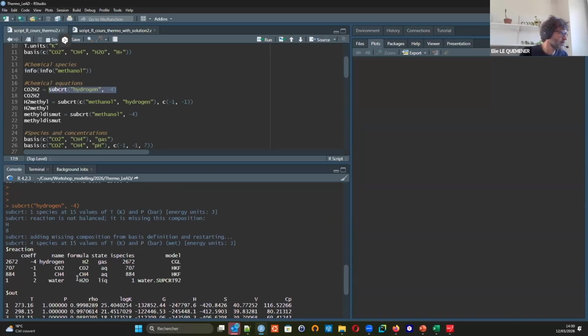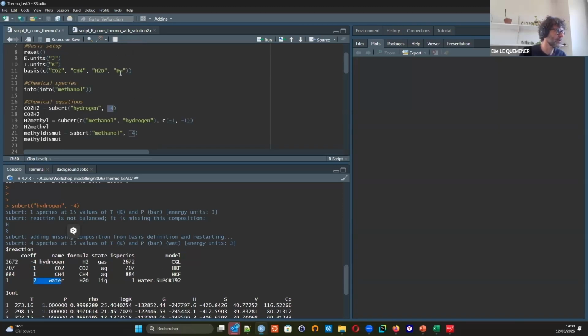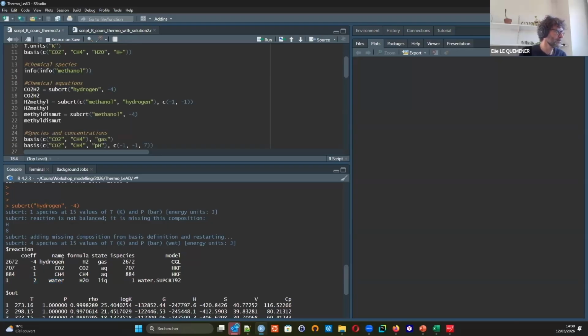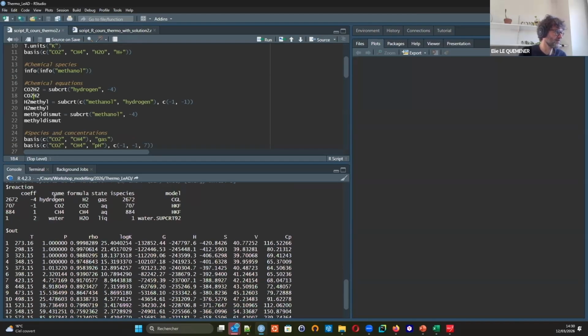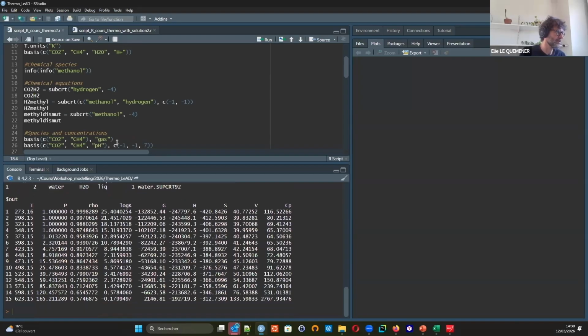And if I just launch sub-CRT of hydrogen -4, I am telling the system that I want a reaction which consumes 4 moles of hydrogen, and I want it to write a chemical reaction with my default molecules, and you see what it does. -4 hydrogen and -1 CO2 gives 1 CH4 and 2 water. So it's equilibrating my chemical reaction with my default molecules, so CO2, CH4, H2O, H+. So this is my methanogenesis from hydrogen, and it gives me some information on the thermodynamics.